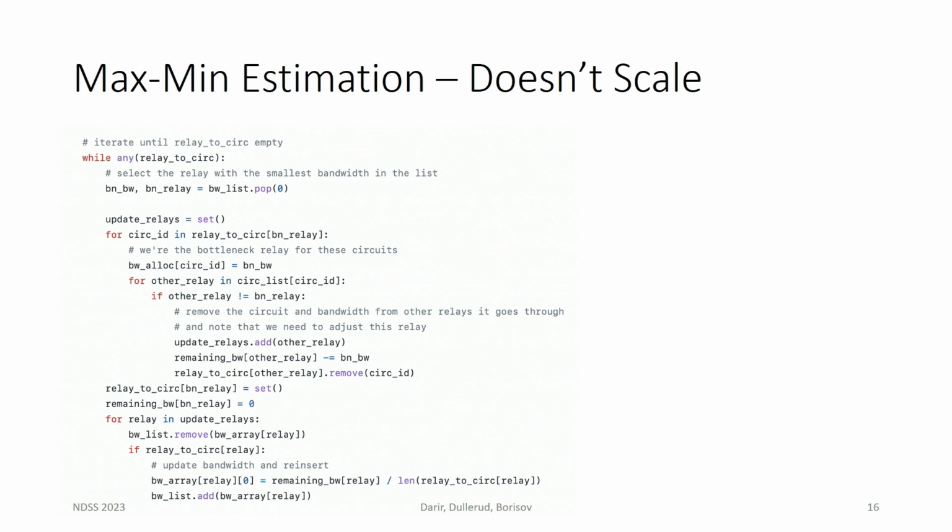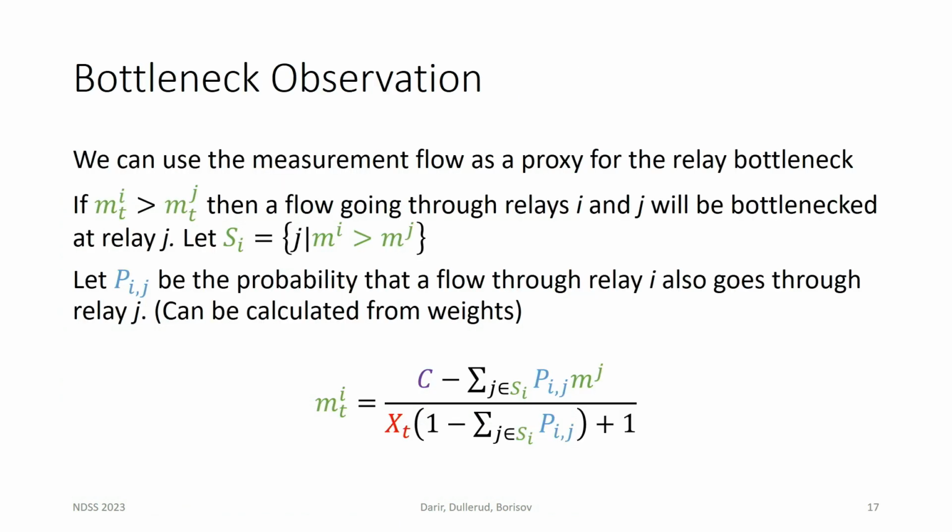I mean, it can, but the problem is that this just doesn't scale. The inference algorithm will never terminate because this requires you to instantiate every single path in the network, hundreds of thousands or even millions of them. Instead, what we do is try to infer the bottleneck capacity of each relay by using the measurement flow, saying the measurement flow must be bottlenecked only at the relay, and therefore that is the bottleneck capacity.